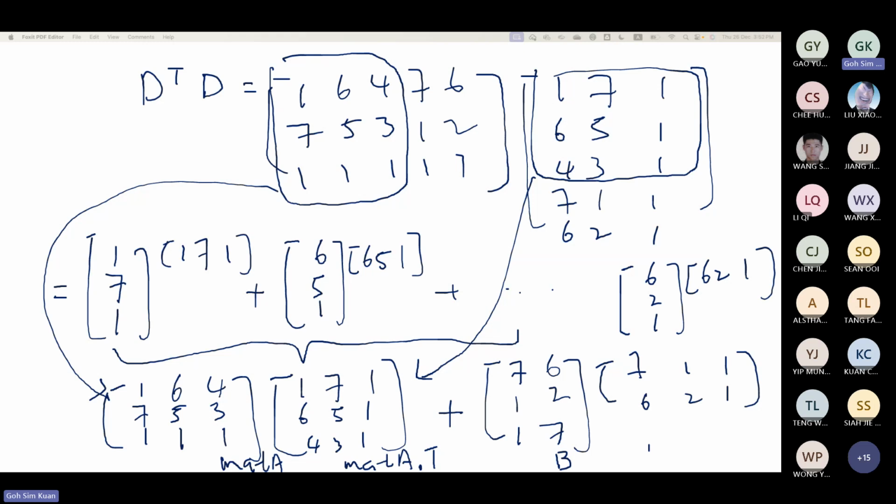This is B, and this is B transpose. So you can define the first matrix using a variable in your scientific calculator, and you will be able to simplify the calculation. After you key the values from matrix A and B, you will be able to compute matrix A times matrix A transpose.